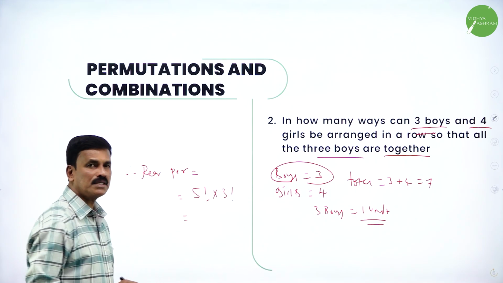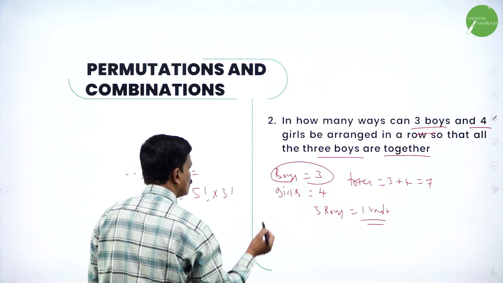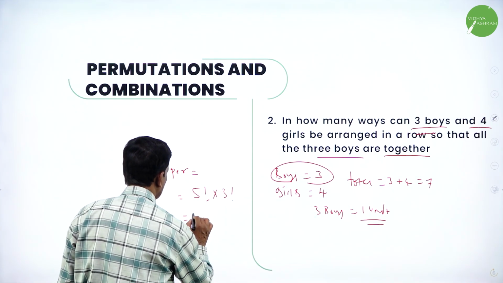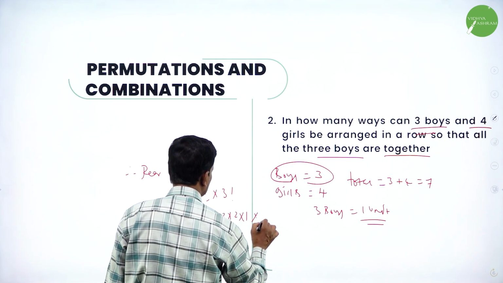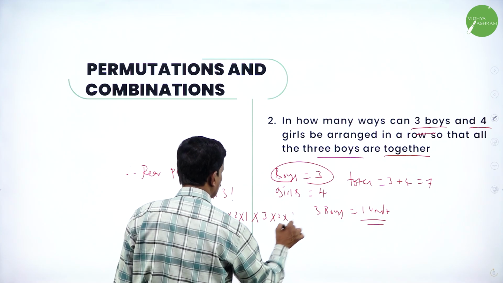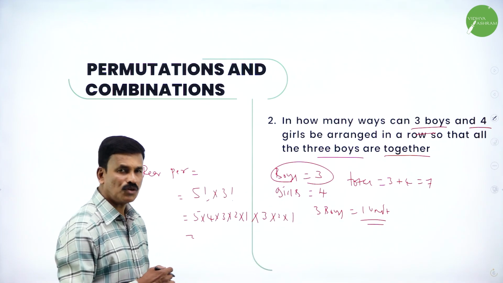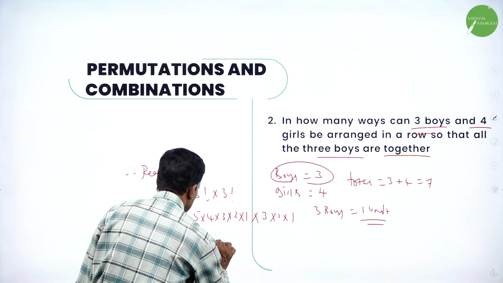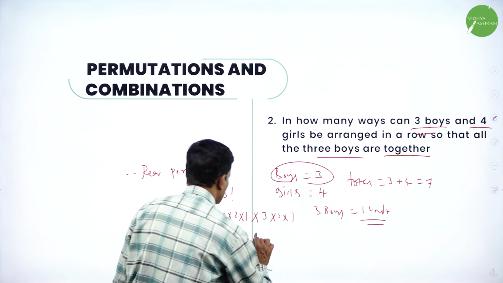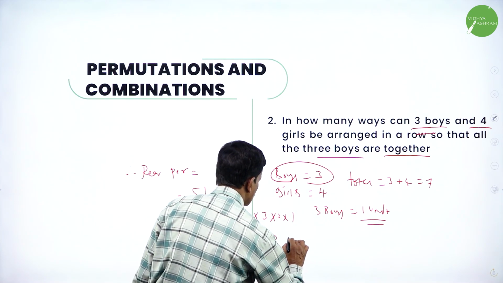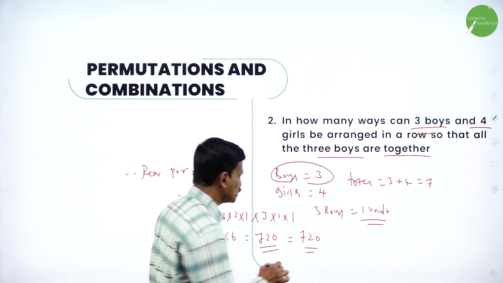What is this equal to? 5 factorial, 5 into 4 into 3 into 2 into 1, into 3 into 2 into 1. Simplify this. 5 factorial means 120. 120 into 6. So that's equal to 720 ways. That's it. This is the required permutation. 720 ways.